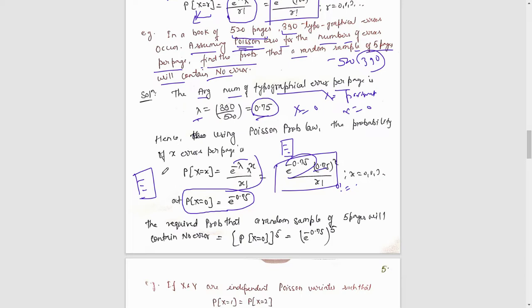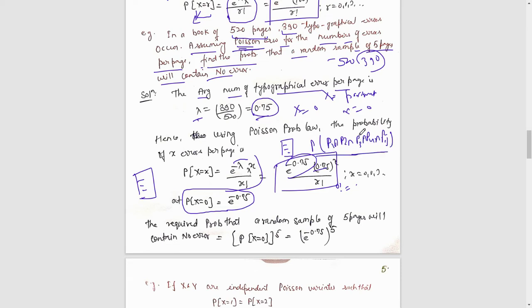Now we have to do this for the five pages. Okay, so there are five pages. Let's say there are pages P1, P2, P3, P4, and P5. In this particular case, the probability of P1 intersection P2 intersection P3 intersection P4 intersection P5. So this means that P1 does not contain any error, P2 also does not contain any error, and similarly P3, P4, P5 also do not contain any error. So these are independent events.